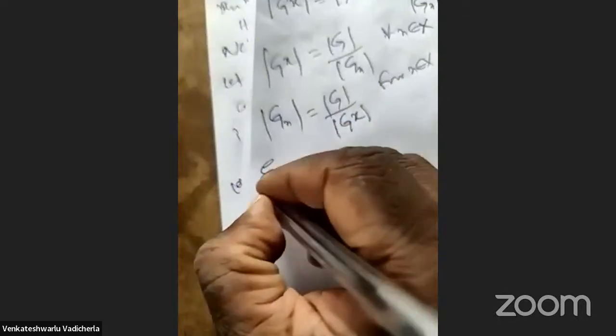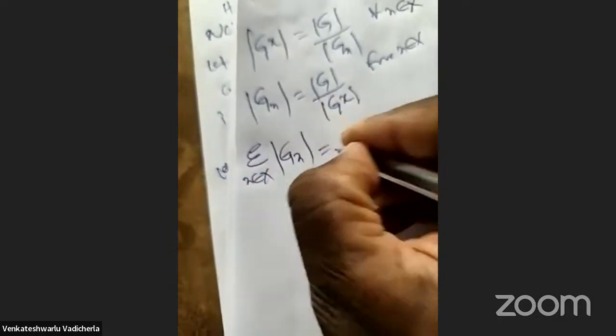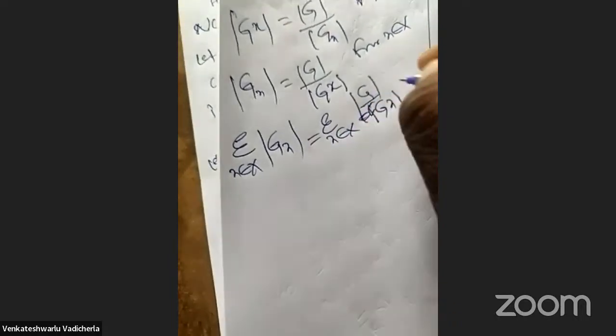Apply summation on both sides. The summation over small x belonging to capital X of the order of G_x is equal to the summation over small x belonging to capital X of the order of G divided by the order of the orbit of x.